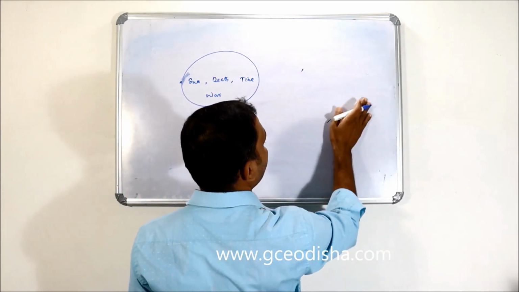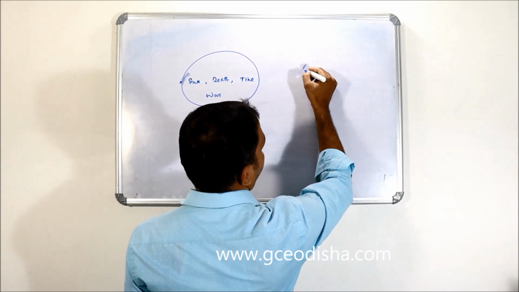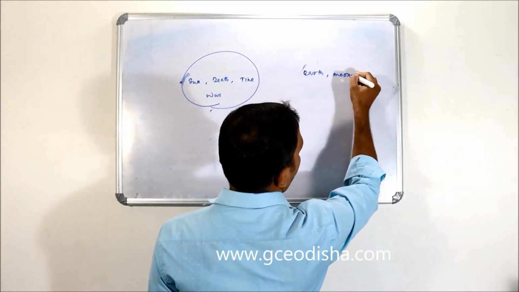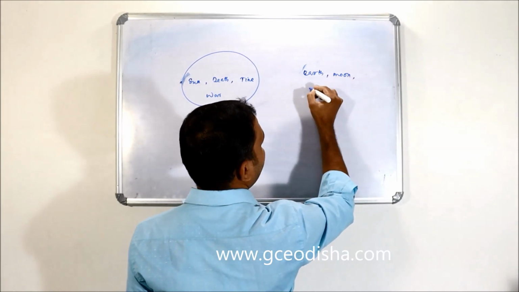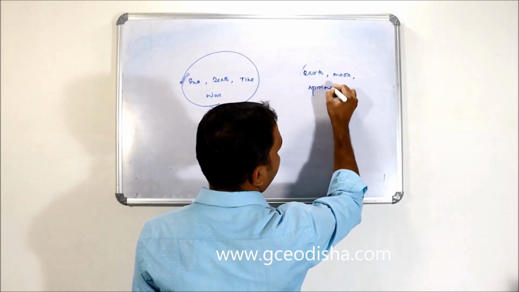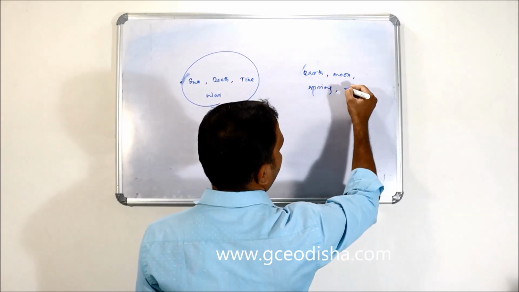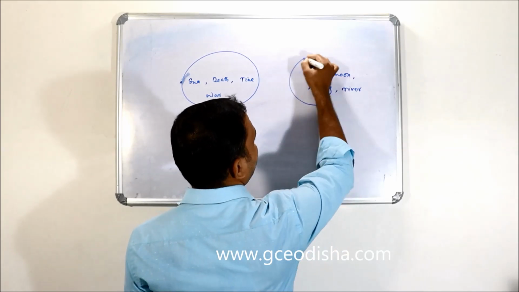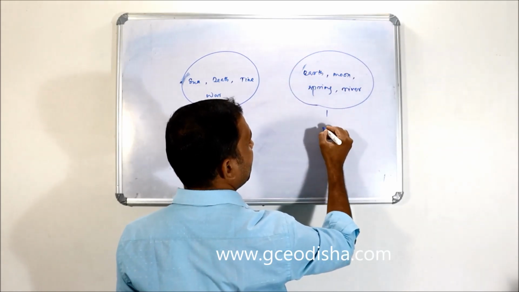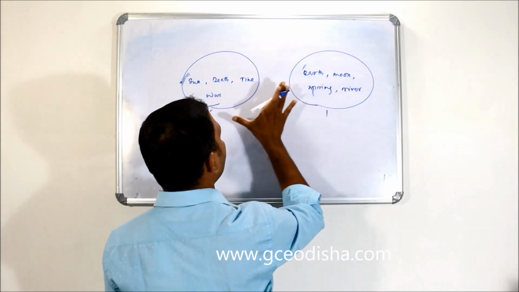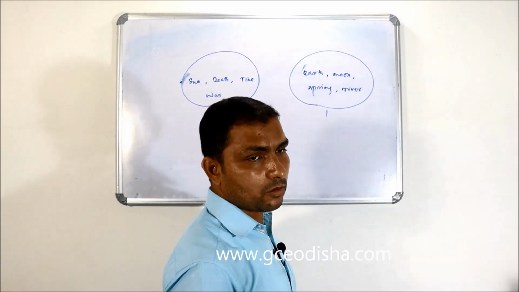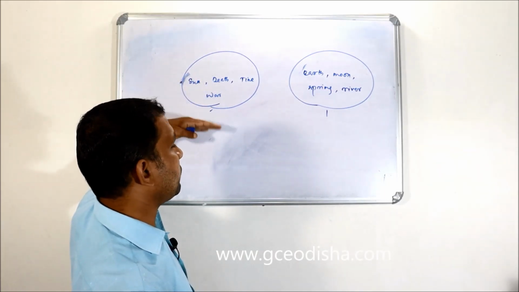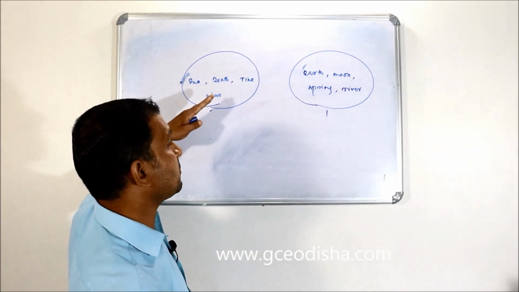Here it is nature, earth, moon, season-wise spring or autumn, a river. So these are feminine and these are masculine generally, because these show what? The qualities of strength, firmness, violence, destructions.